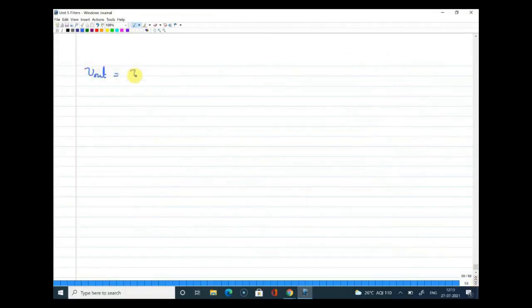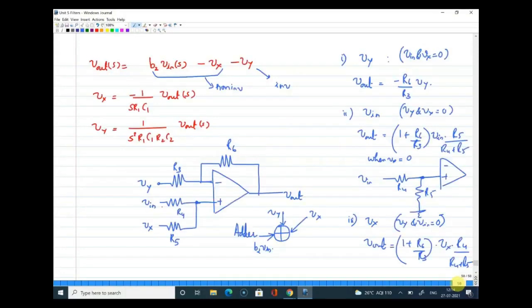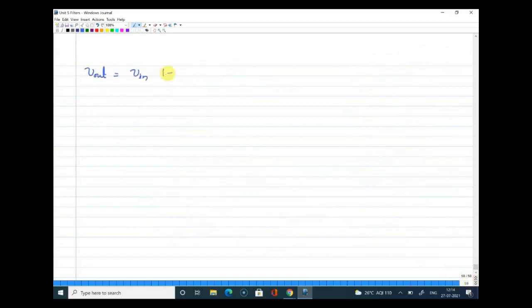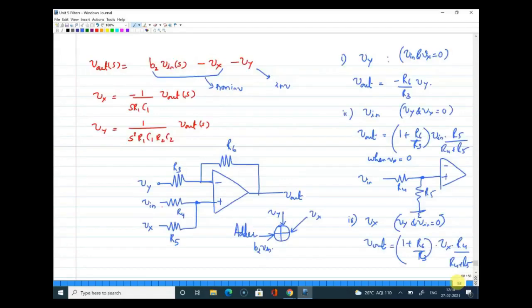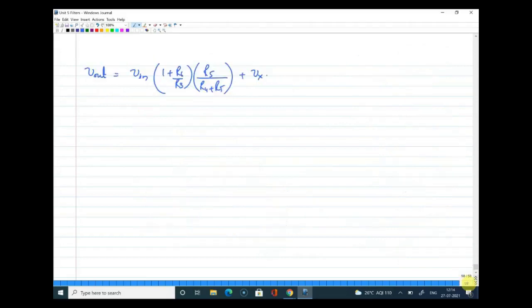First, I know that V out can be written as a function of B2 into V in of S. So what is B2 in this case? The coefficient of V in is 1 plus R6 by R3 into R5 by R4 plus R5, plus Vx into, the coefficient of Vx is again the same thing: 1 plus R6 by R3 into R4 divided by R4 plus R5.